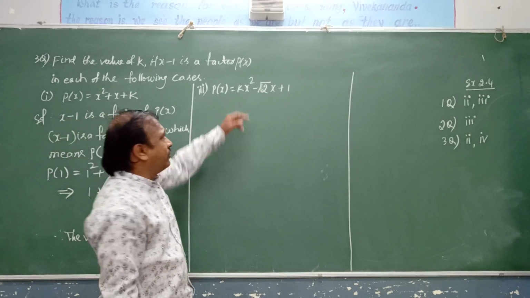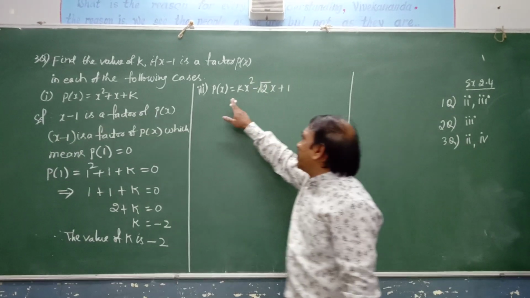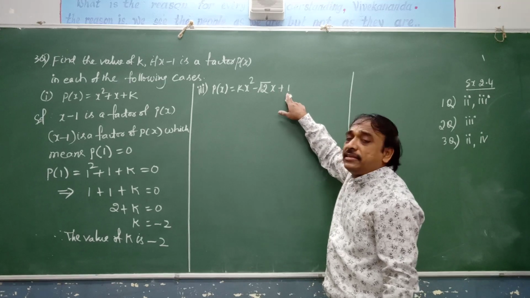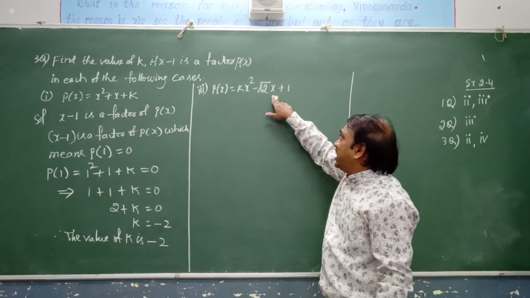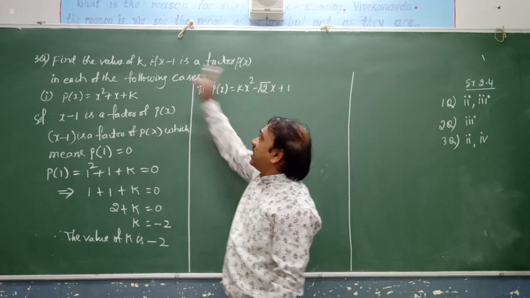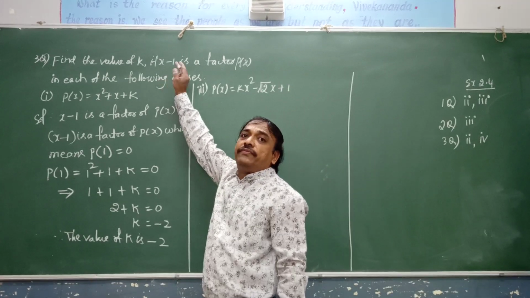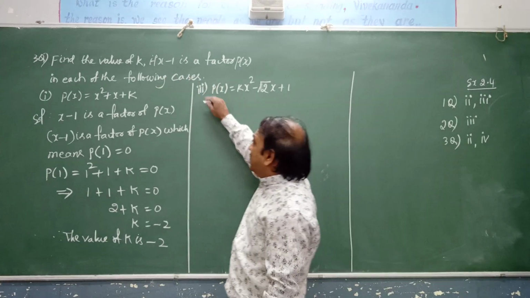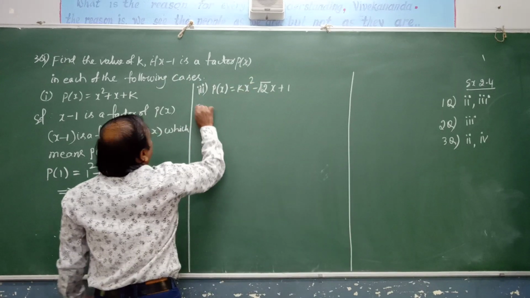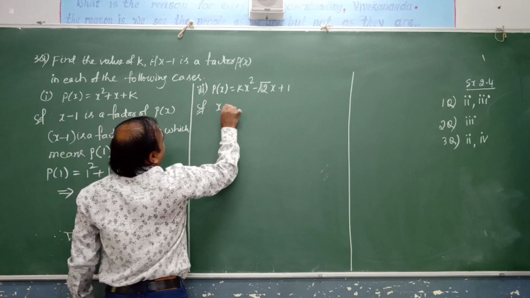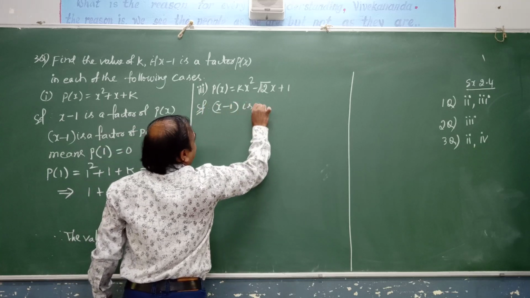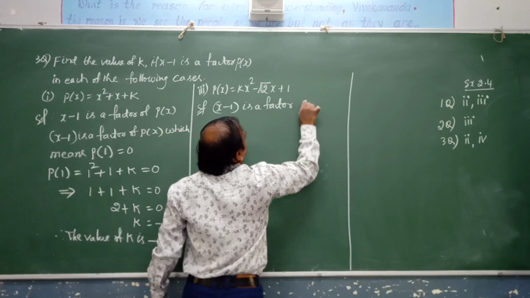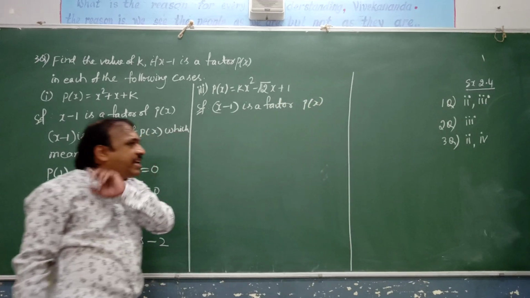Now see one more question over here. P of x is equal to kx square minus root 2 into x plus 1. For this also, x minus 1 is a factor. That means what is given? Solution: x minus 1 is a factor of p of x. What is p of x?